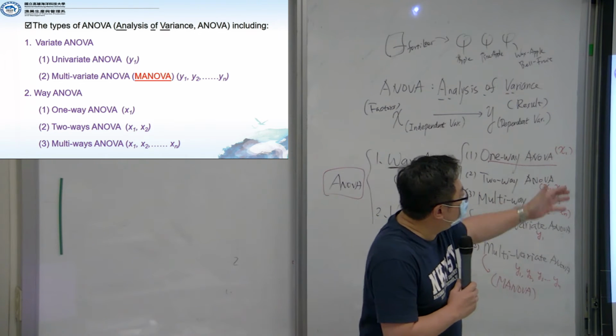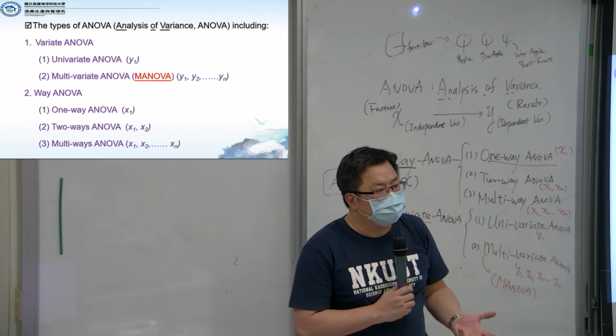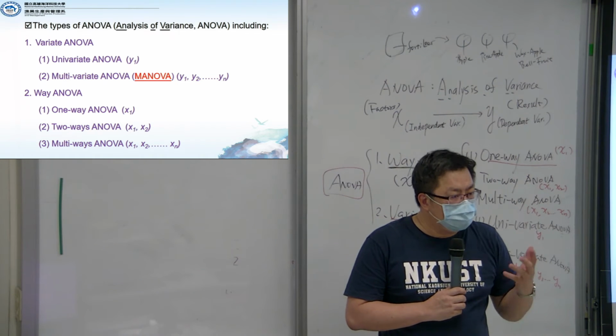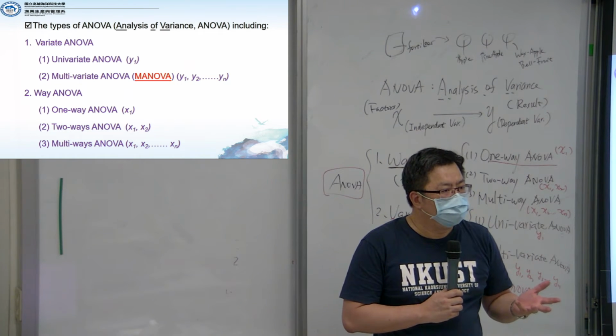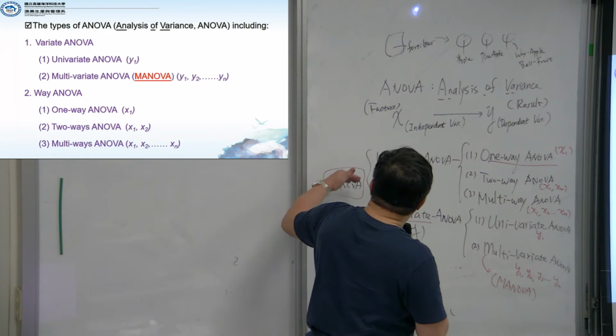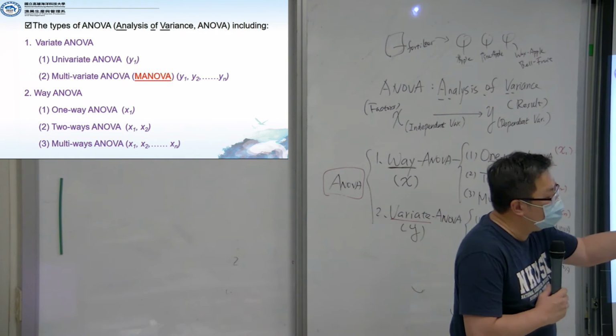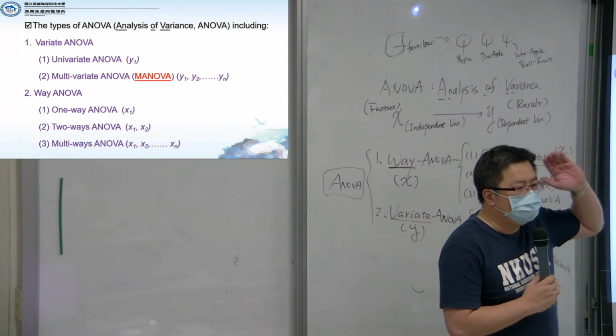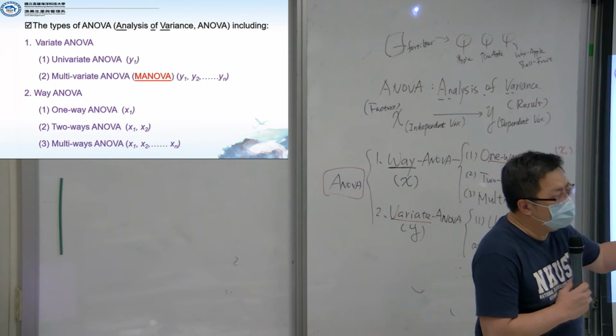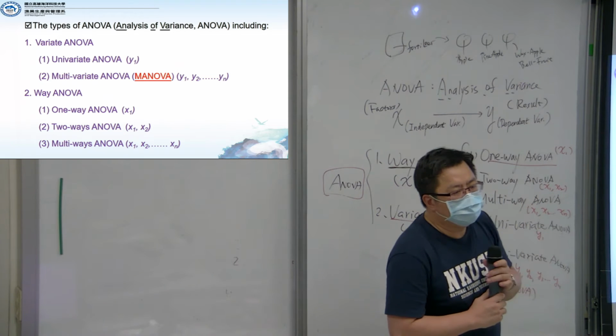Okay? ANOVA also has one sample, independent or dependent sample. ANOVA analysis also has one sample ANOVA, independent ANOVA, dependent ANOVA. We have also three kinds.